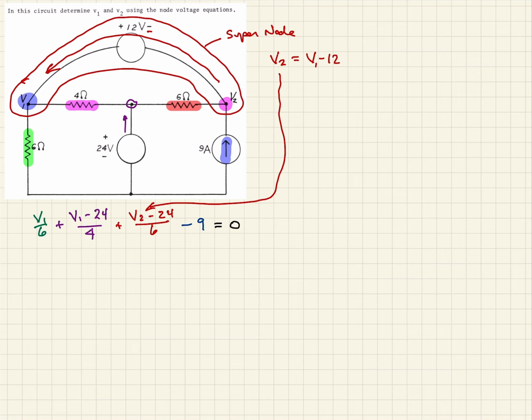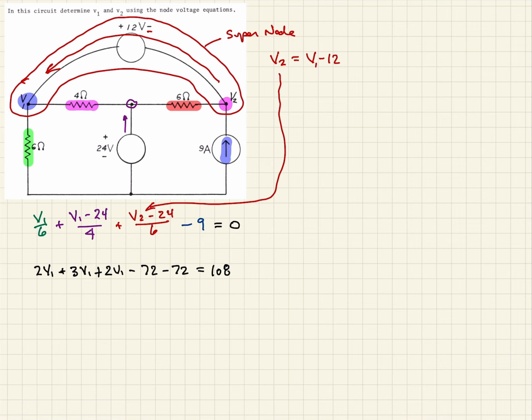So if we do that, what we should end up with then is 2V1 plus 3V1 plus 2V1 minus 72 minus 72, and that should be equal to 108.